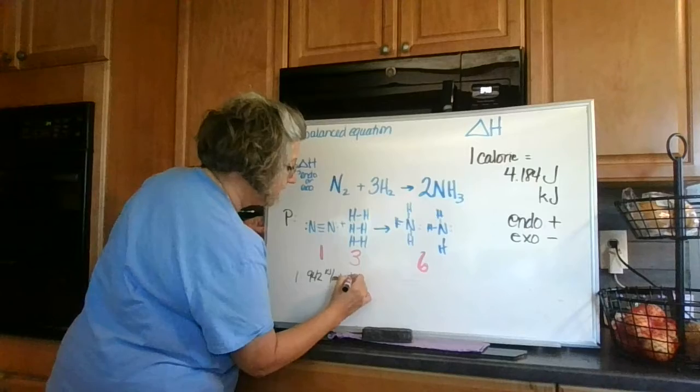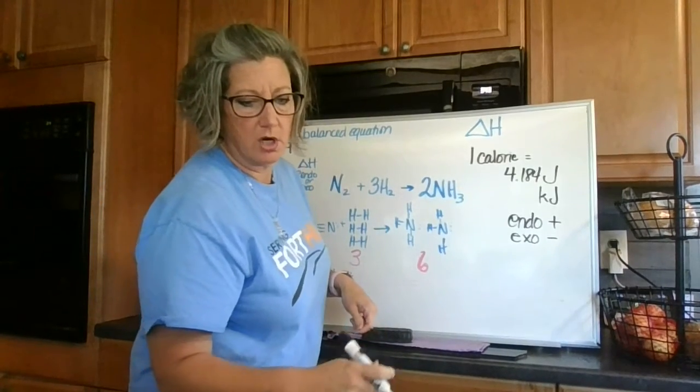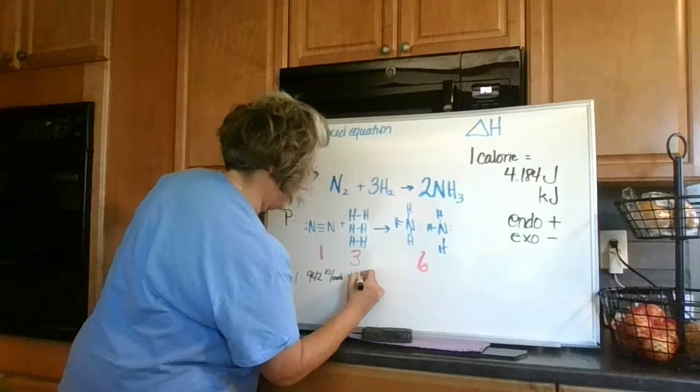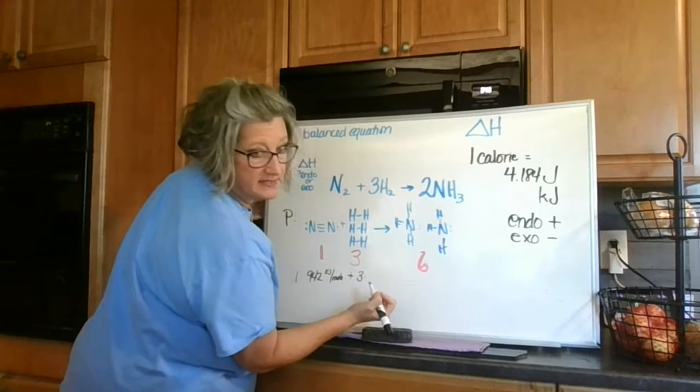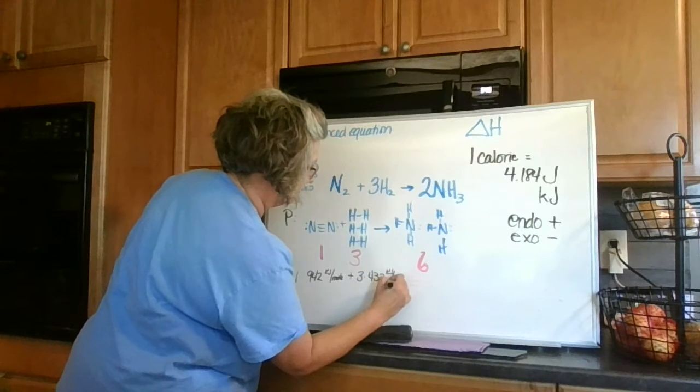Okay, plus 3 hydrogen and hydrogens are 432. So it's 3 times 432 kilojoules per mole.